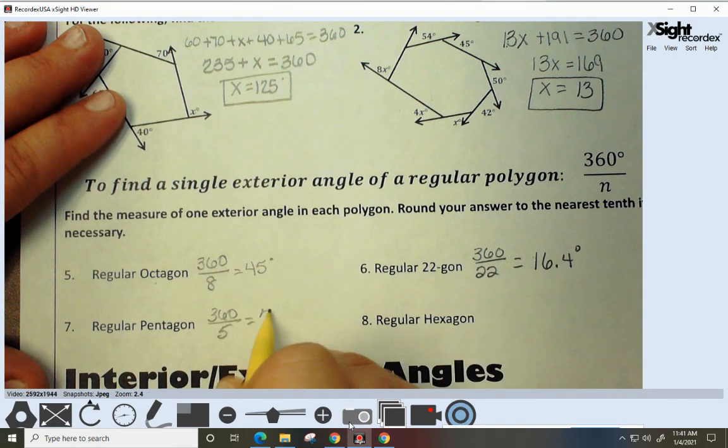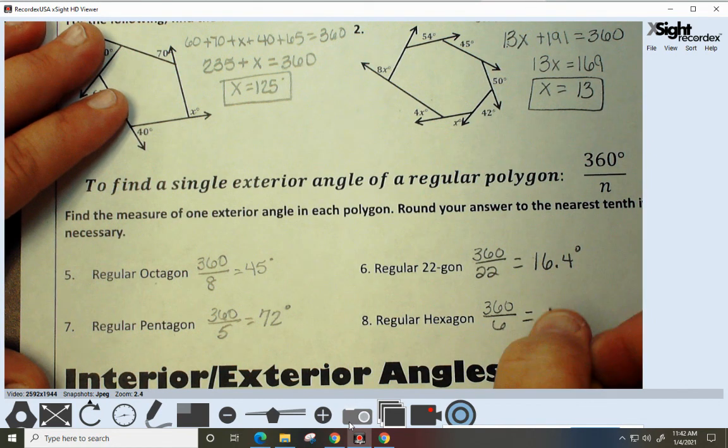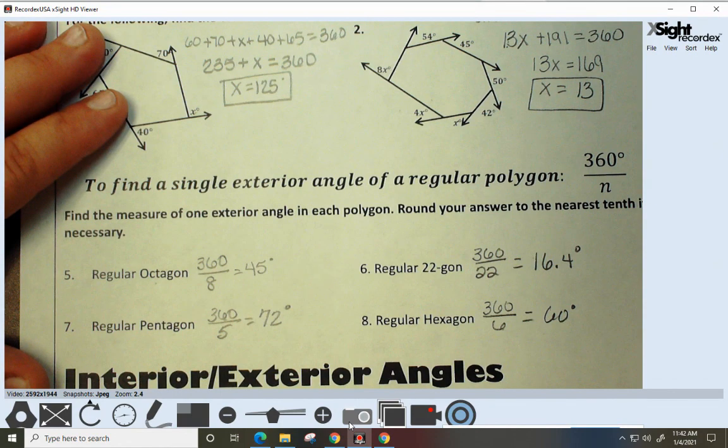So that would be 72 degrees for every exterior angle to be exactly the same. And the last one here is 360 divided by your number of sides, which is 6. And that would give me 60 degrees for those angles. Okay?